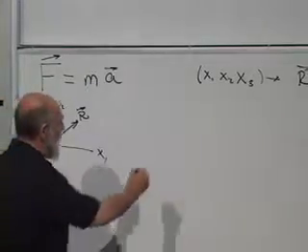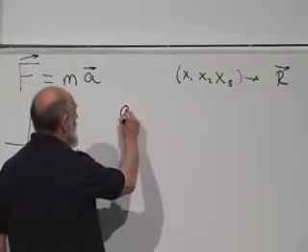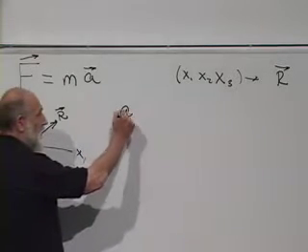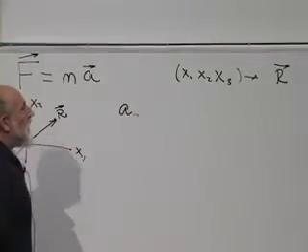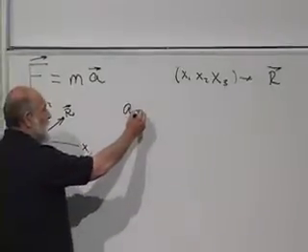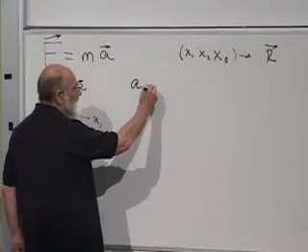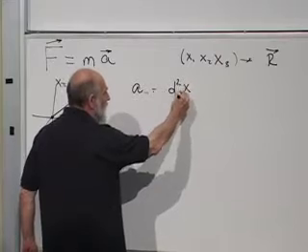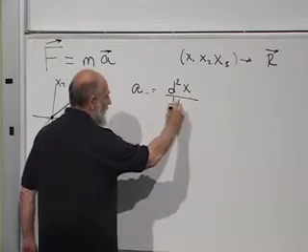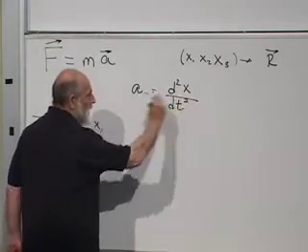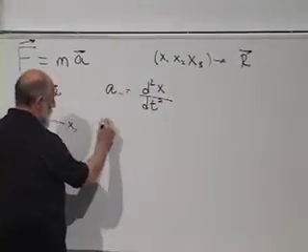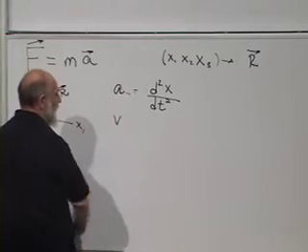So for each component, 1, 2, or 3, the acceleration, which let's just call A, the components of it are equal to the second derivatives of the coordinates with respect to time. That's what acceleration is. The first derivative of position is called velocity.